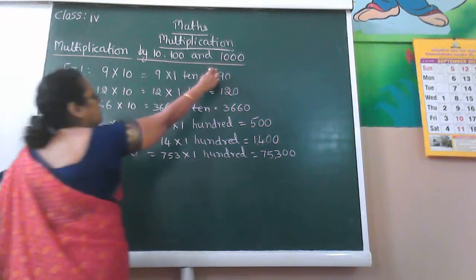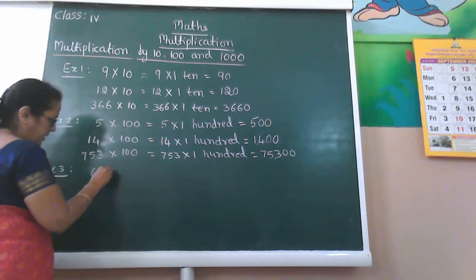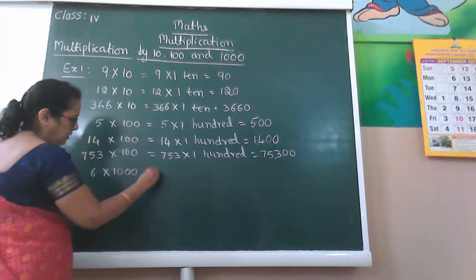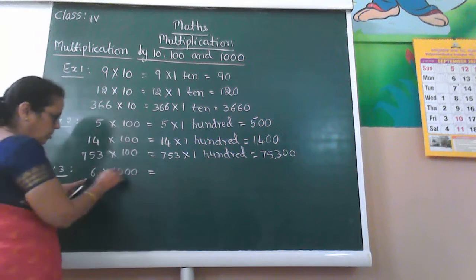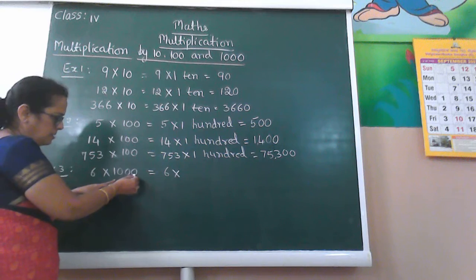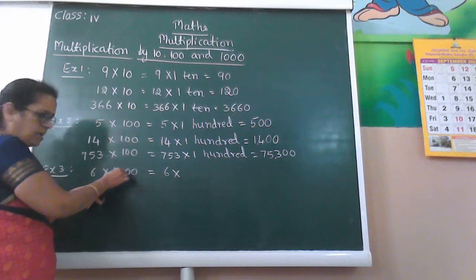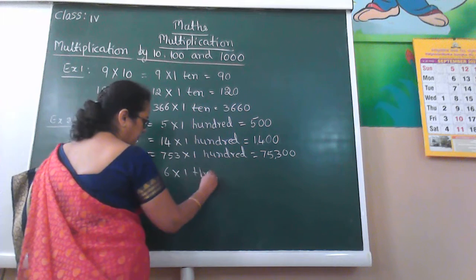So now example 3. We'll multiply the given number by 1000. Let us say 6 into 1000. You know 6 into 1 is in which place? Units, tens, hundreds and thousands. So 1000.